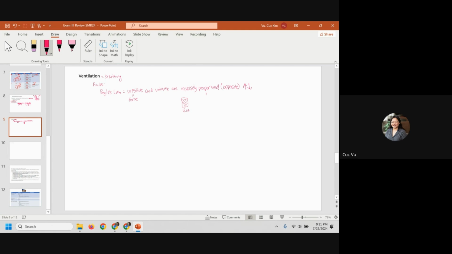Now, if I take a gallon of milk and I pour that 12 ounces in here, so I changed the volume, right? I increased the volume. So when I increased the volume, what happened to the pressure? You decrease the pressure. Exactly.